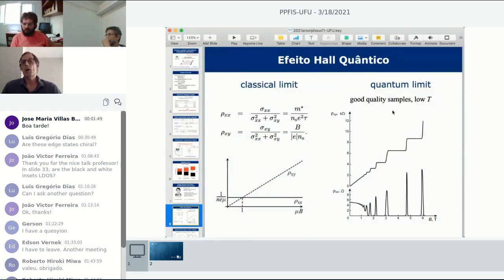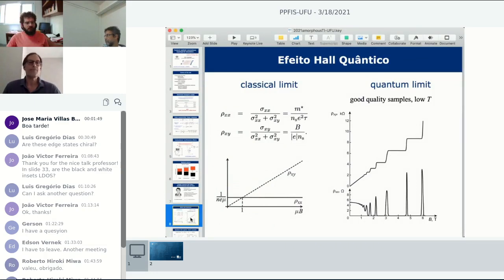And what people observed late in the 80s is that if the magnetic field is small, then okay, you find this nice linear behavior. And well, it's not really parallel here. But as you increase the magnetic field, the transversal resistivity has these steps, and the longitudinal has these peaks.